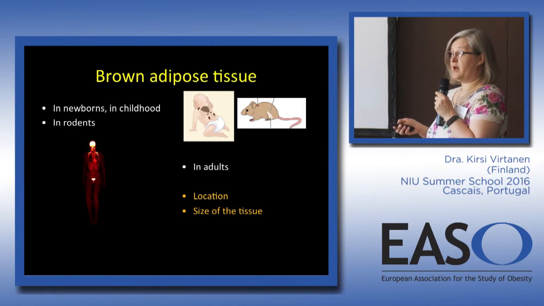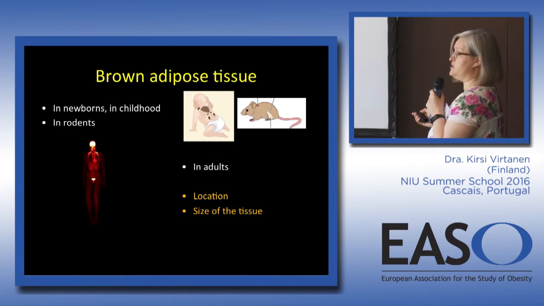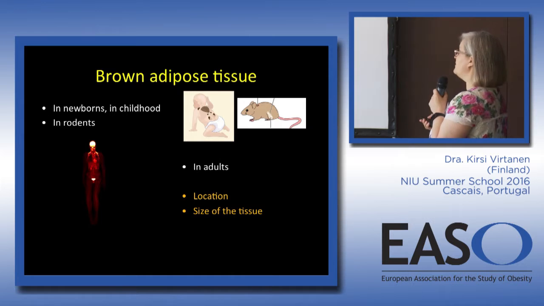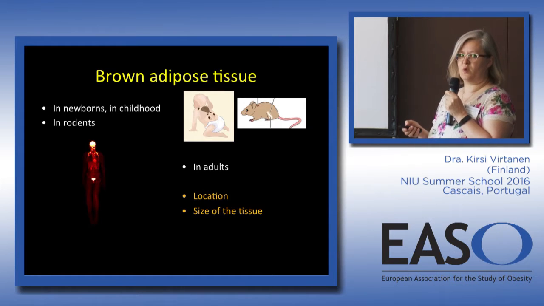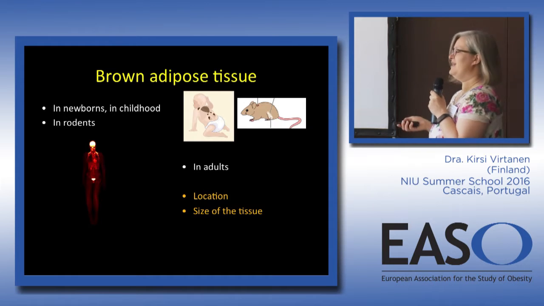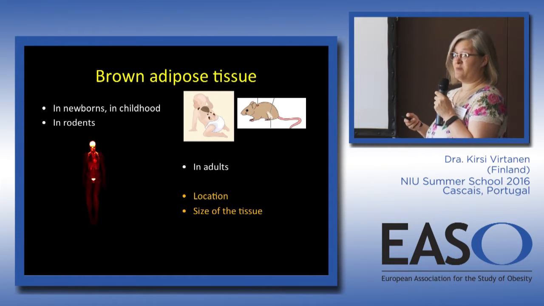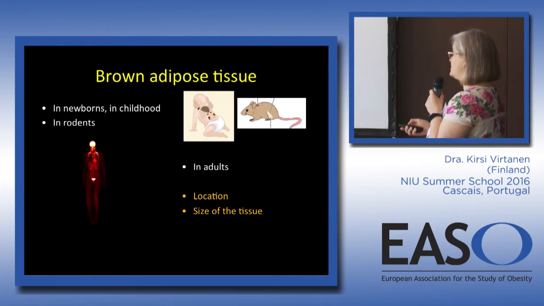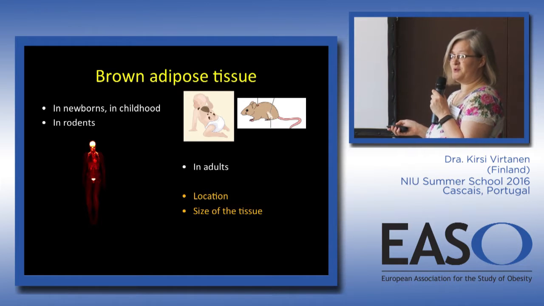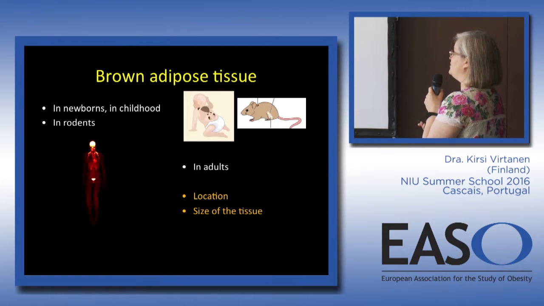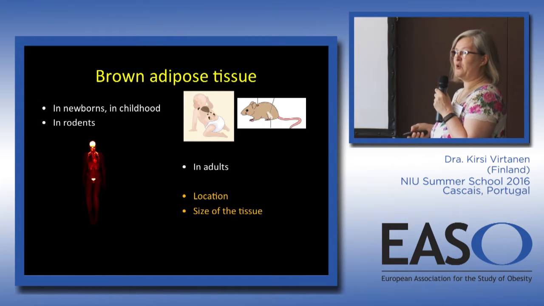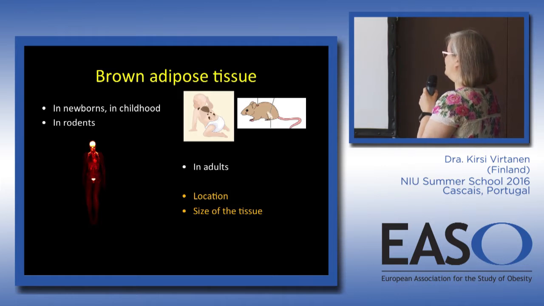When we are born, 1 to 5% of our body weight is brown adipose tissue, which means approximately 100 to 200 grams of tissue, and that remains quite the same during our adult life. So at maximum, we commonly find 100 to 200 grams of brown adipose tissue in the human body. But you understand the contribution in a bigger body size is different than in newborns.